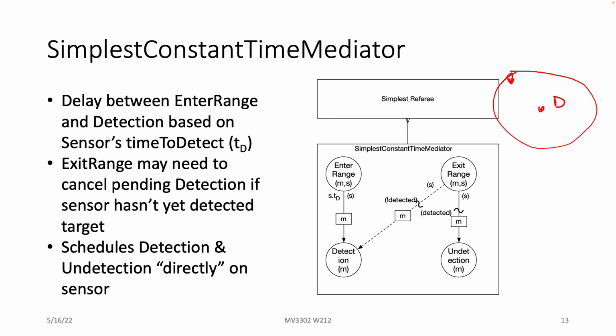But what if we're in this situation? Here we've entered the range, and we're heading this way, but based on how fast we're going or how much of the sensor's footprint we have decided we're covering, our detection event may be out here. So if we don't do anything, we enter here, we've scheduled our detection here, and now the exit range happens before the detection.